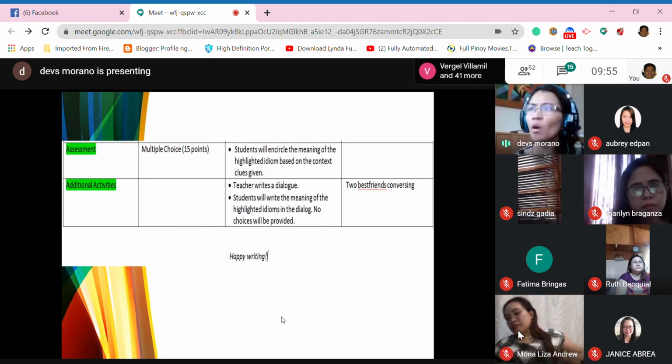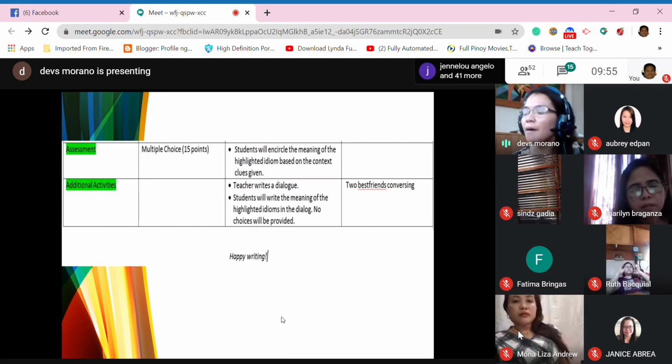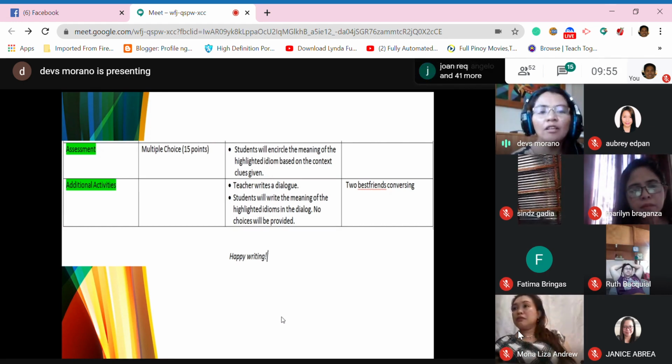You can even have two assessments, which is very good. The first assessment would be a paper pencil, and the other assessment would be an authentic type of assessment.